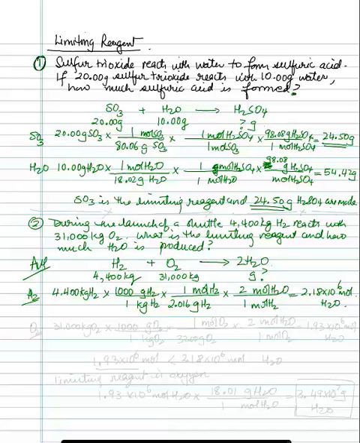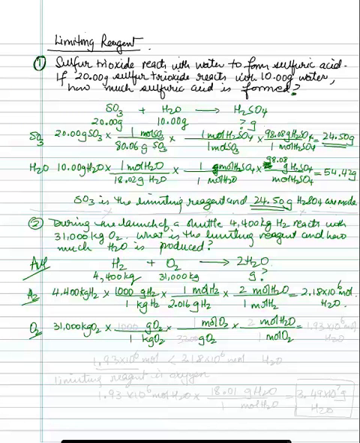We'll do the same thing for oxygen. And we'll start with 31,000 kilograms of oxygen. As usual, I'm going to do my units first. So kilograms of oxygen to grams of oxygen, grams of oxygen to moles of oxygen, and then my mole ratio, moles of oxygen to moles of water, and I'm going to stop here again with the moles of water.